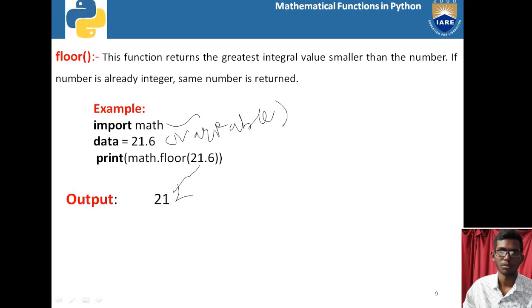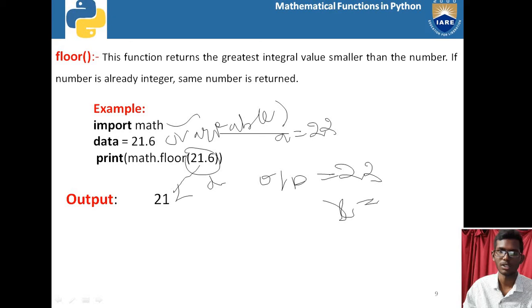So now we understand. Now we take another example. Import math, a equal to 22. Same, print math.floor a. Instead of 21.6, we can assign a. We get the output same as input, 22, because it is an integer.